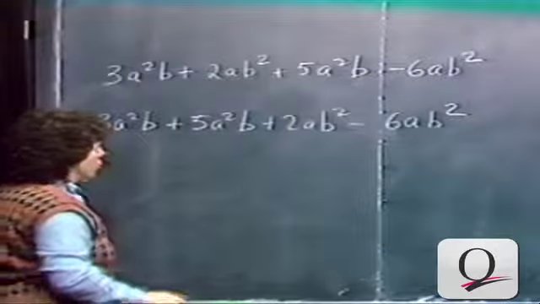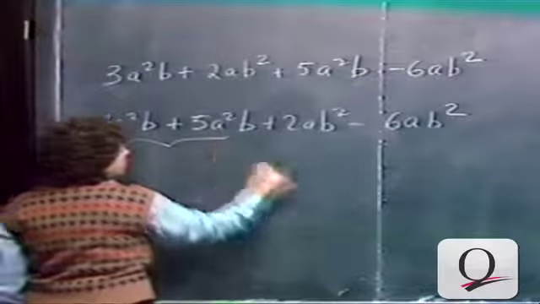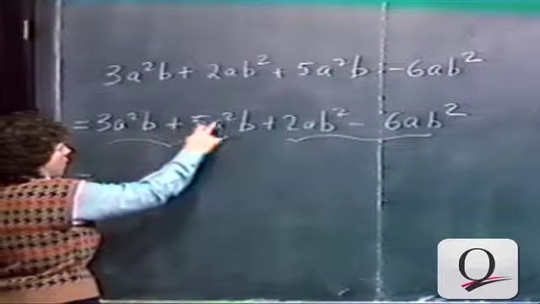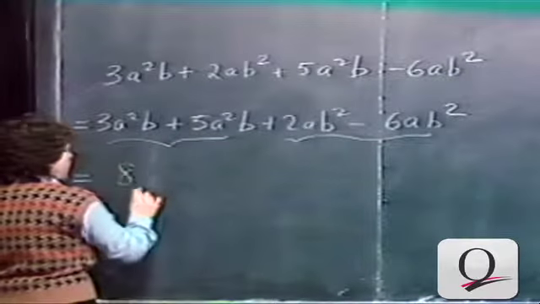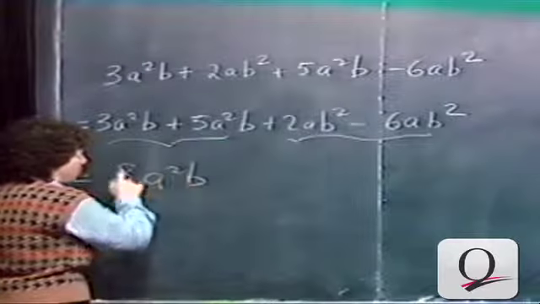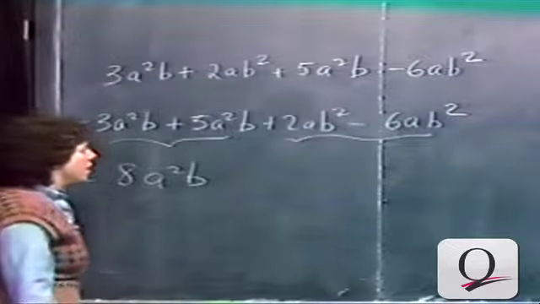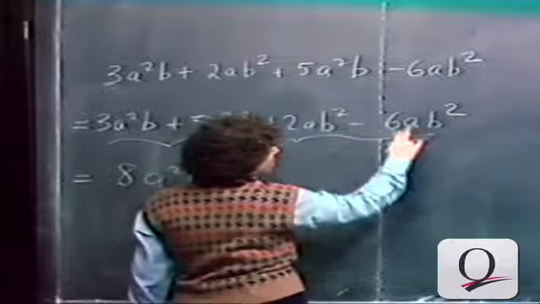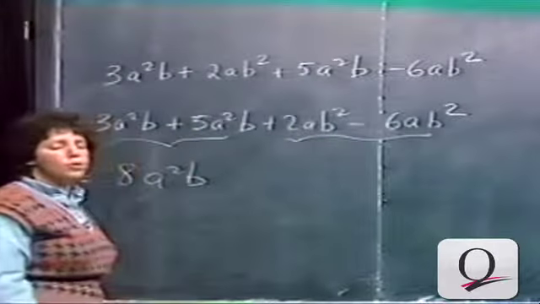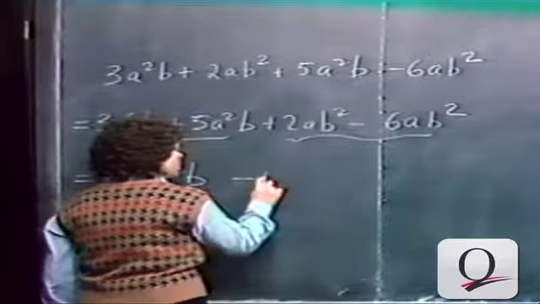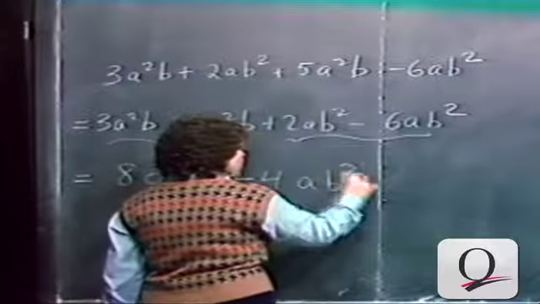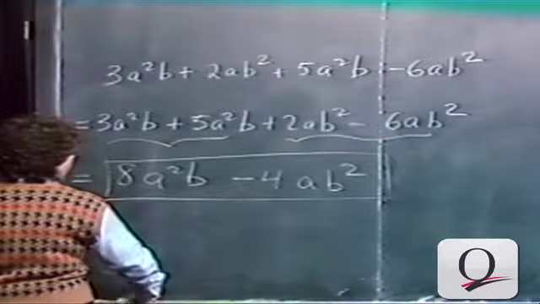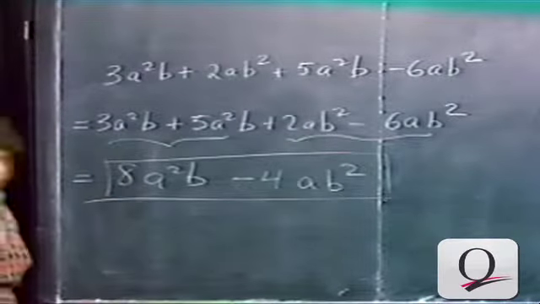So we have two pairs of like terms. 3a squared b and 5a squared b gives us 8a squared b after we combine the numerical coefficients. And the 2ab squared minus 6ab squared gives us 2 minus 6, or minus 4ab squared. So we get 8a squared b minus 4ab squared.